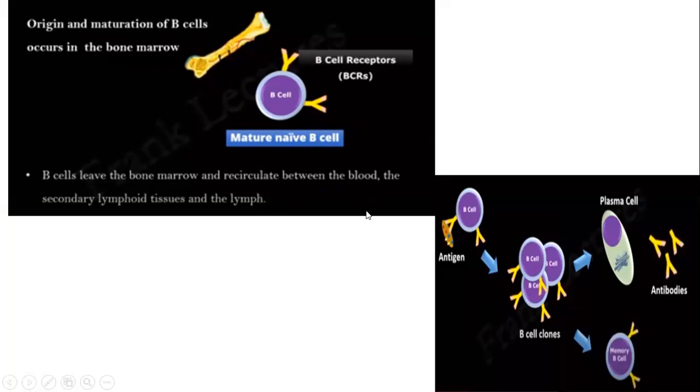When an antigen arrives, the specific B cells will capture the antigen and divide. After dividing they will differentiate into two types of cells. The first is the plasma cell, and the second is the memory B cell, and these plasma cells will produce antibodies.